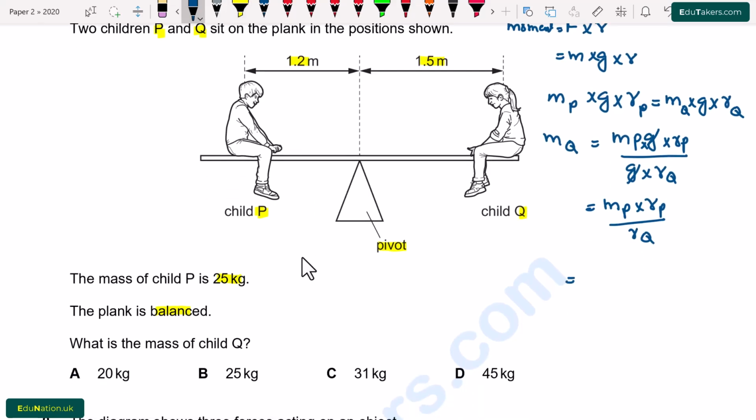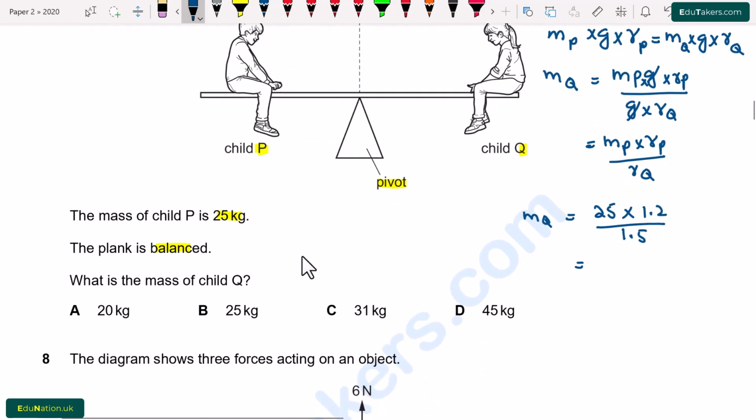Mass of child P is 25 kilogram multiplied by the distance of child P, 1.2, divided by the distance of child Q, 1.5. This is the mass of child Q, which is equal to 20 kilogram. So from here option A is correct.